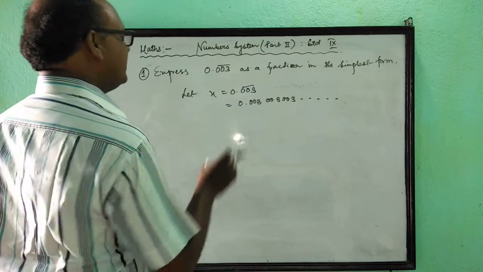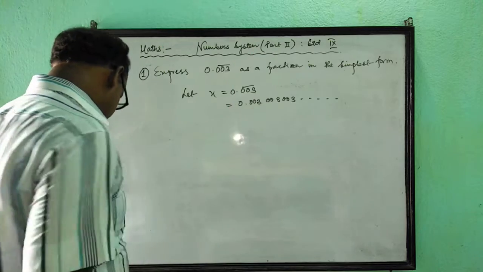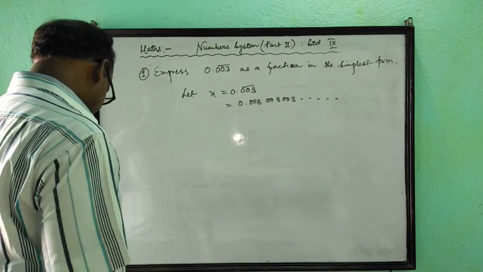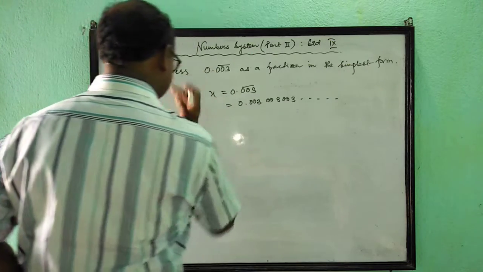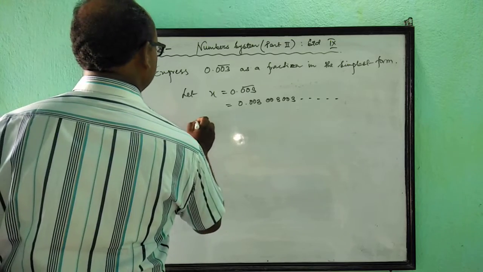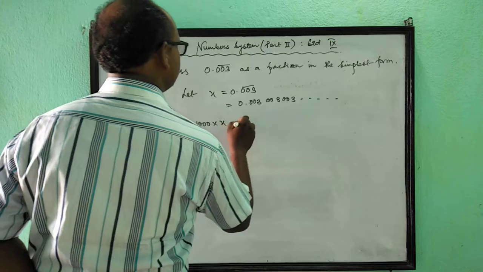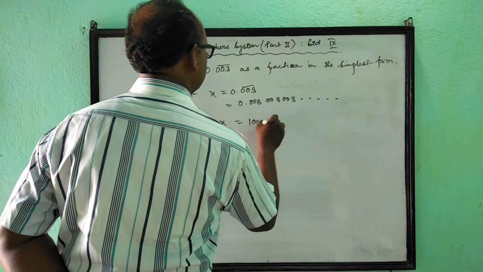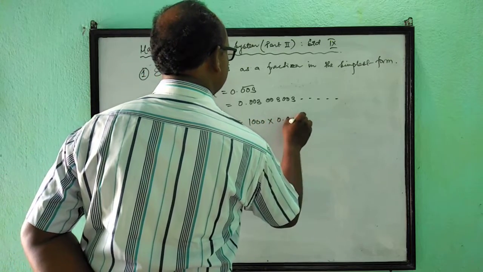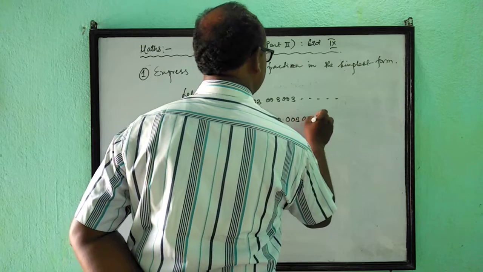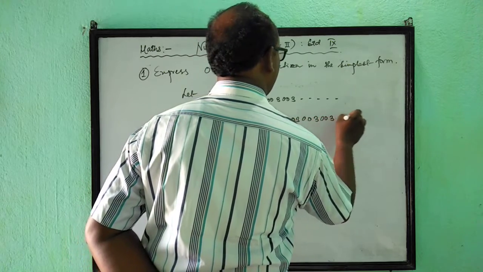Here the number of decimals is 3. That is why we multiply x by 1000. Now 1000 into x equals 1000 into 0.003, 003, 003 and so on.